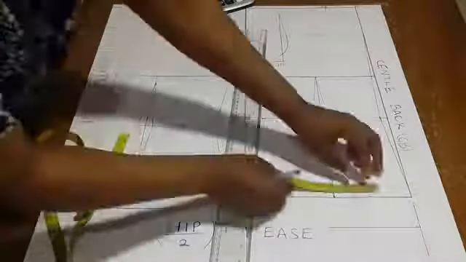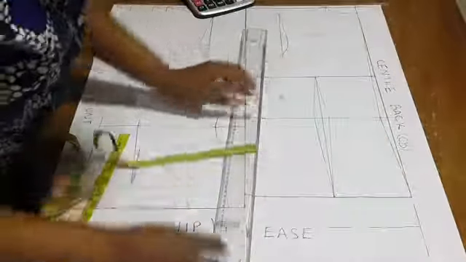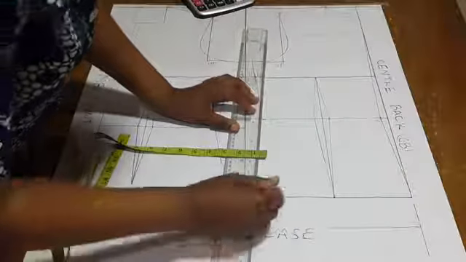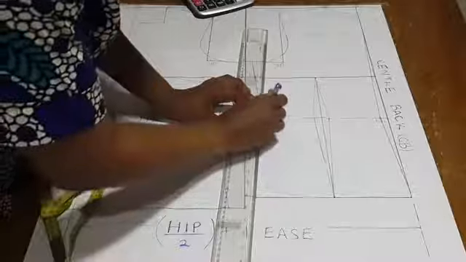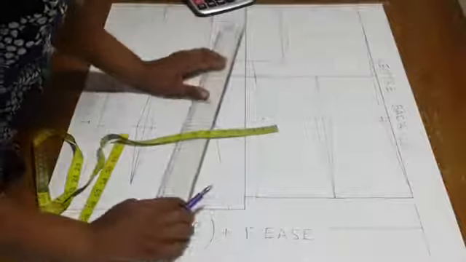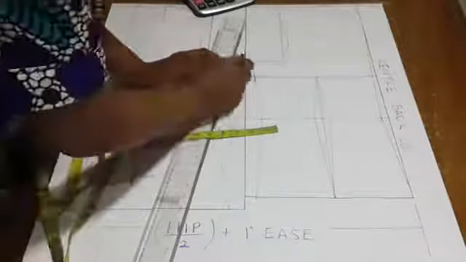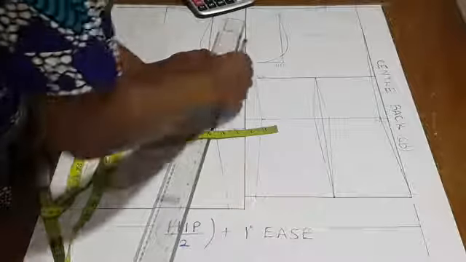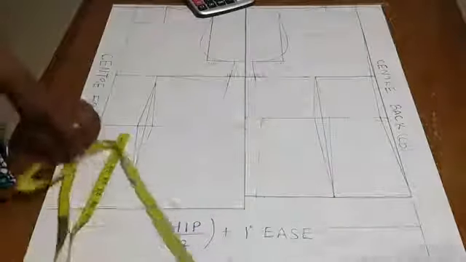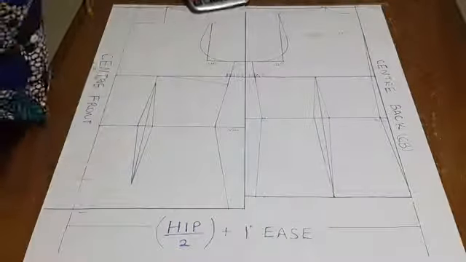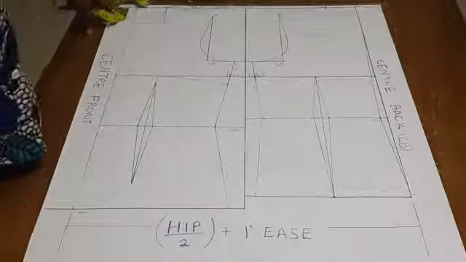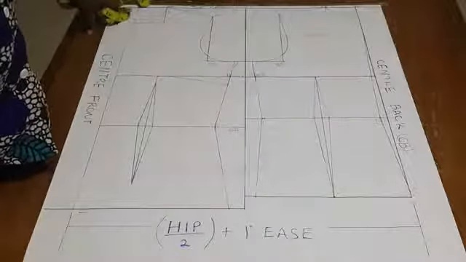Let me confirm where my 9.5 is. Okay, my 9.5 is there. So I connect it this way. So I roll this up. Voila! Our bodice block is ready.